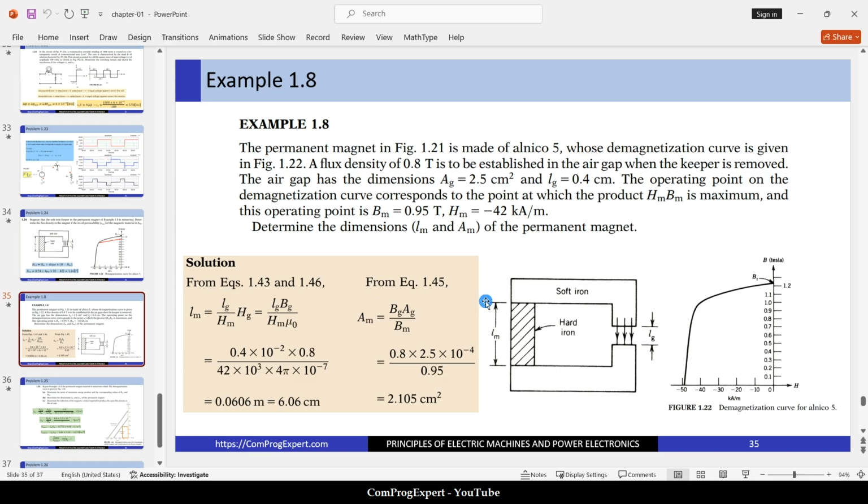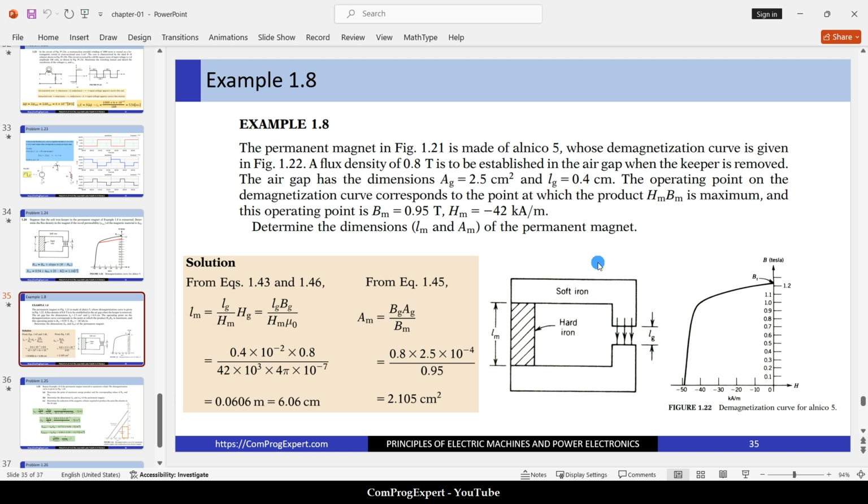In this example, we have this structure. This is a hard iron, the magnet material, and this is soft iron material, and we have one air gap here. So the operating point of the magnet, BM and HM, are given. The dimensions of the air gap are given, and we should determine the length LM and cross section area of the permanent magnet.